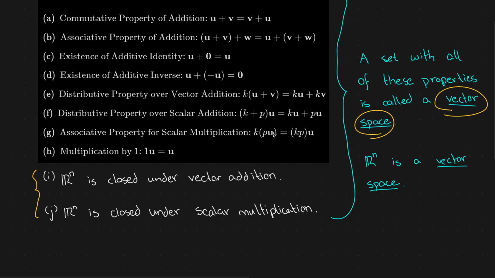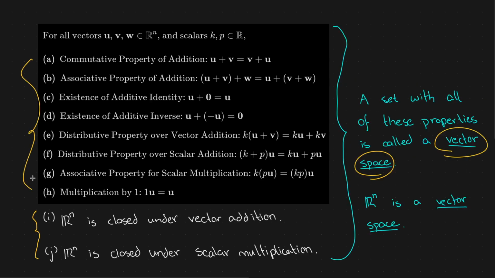We got all these other properties here, and they're super nice too. But this one is kind of the one that gives us the real power here, these two here.